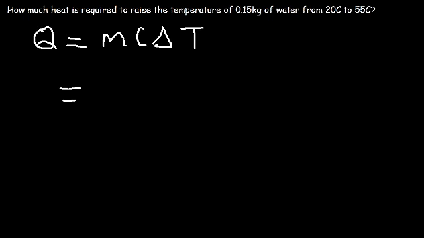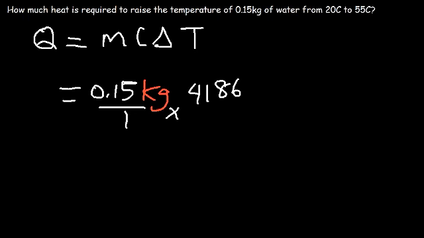So we have the mass, which is 0.15 kilograms, and the specific heat capacity for liquid water, we said it was 4,186, and the units were joules per kilogram per Celsius.